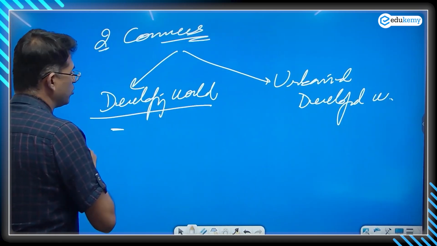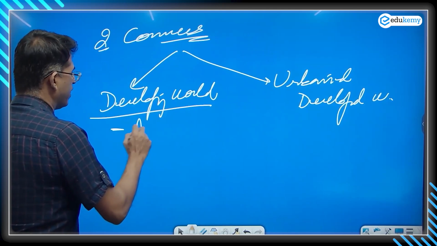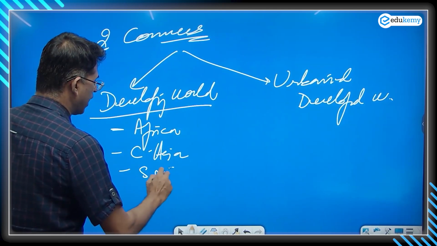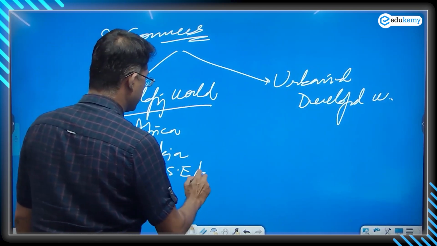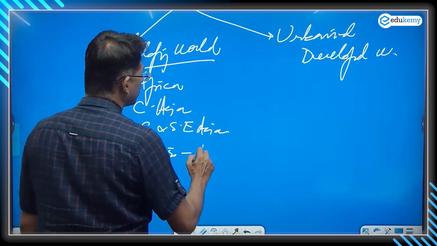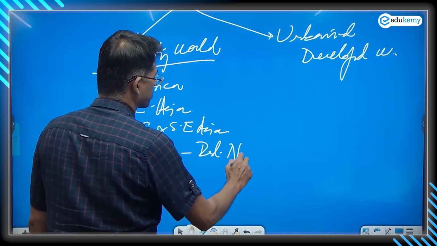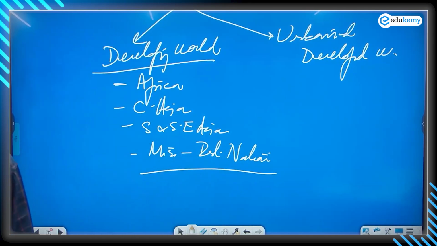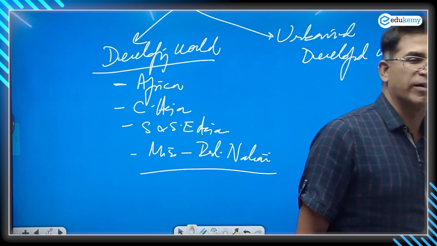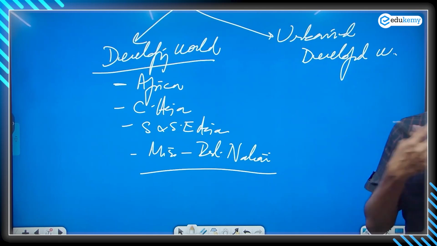The 4 blocks include your Africa, Central Asia, South and Southeast Asia and other miscellaneous, many of whom are the island nations in major areas. Many of them are islands because most island nations ka agriculture production is very poor. They depend almost entirely on imports.